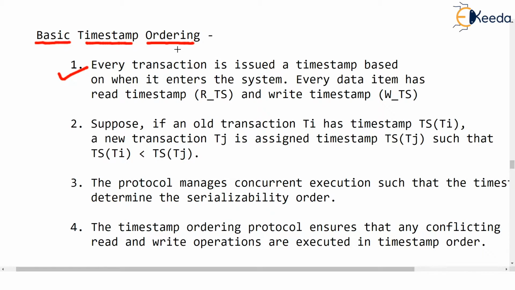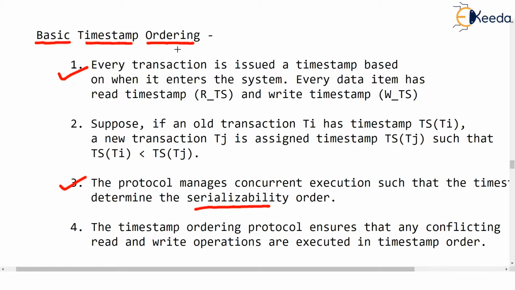We also saw that this protocol ensures serializability. That means a schedule which follows basic timestamp ordering is always serializable, and any conflicting operations will always occur in the order of the timestamp.